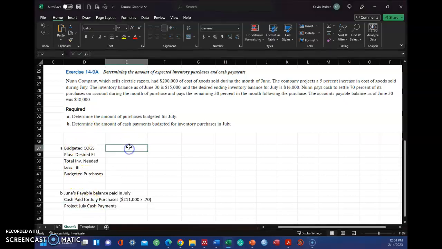All right, so it said that there was a 5% increase. So we'll do 1.05 times 200,000, a 5% increase for July over June, and June was 200,000. Make sure I got 6 digits in there. Yeah, I think so. And I want a dollar sign.